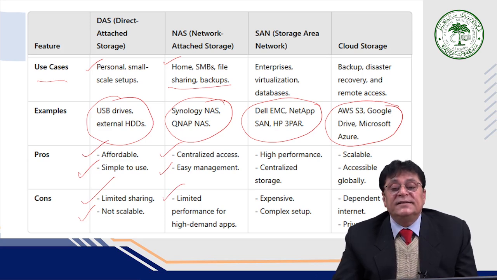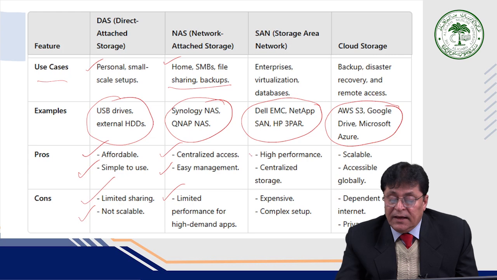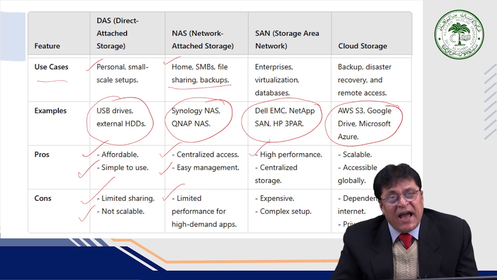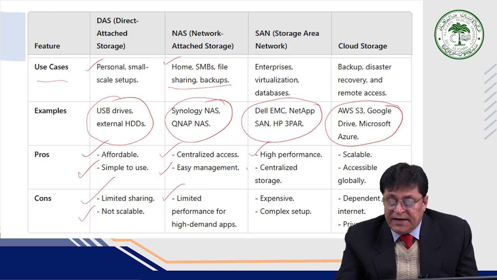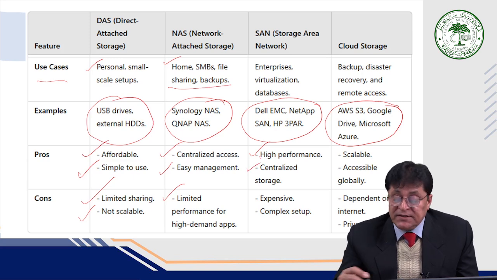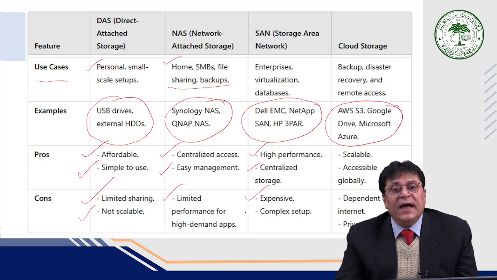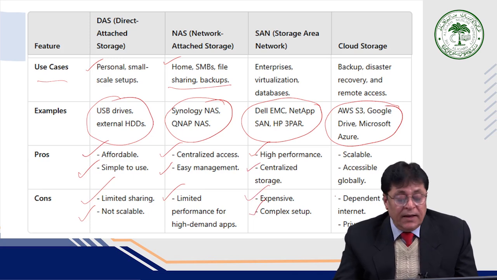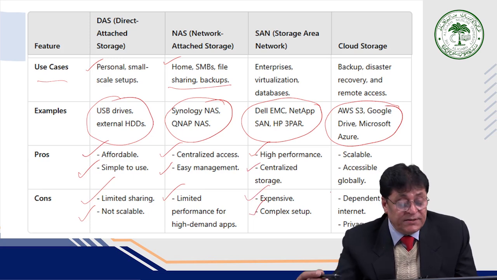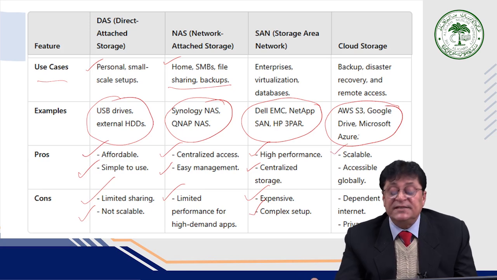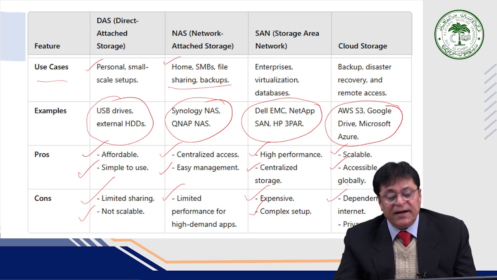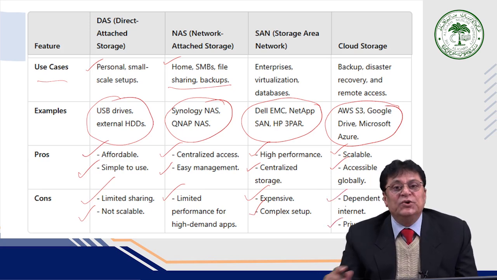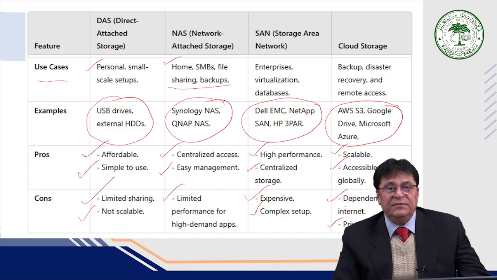SAN provides high performance and centralized storage. Cons, it is expensive and a complex setup. In case of cloud storage, the pros are that it is scalable and accessible globally. The cons are that it depends on the internet, and there are also privacy concerns which we shall discuss later on.